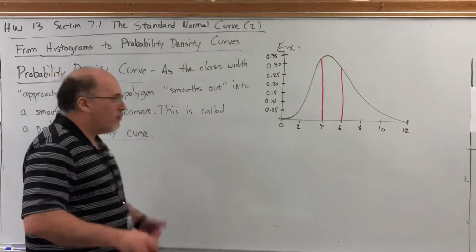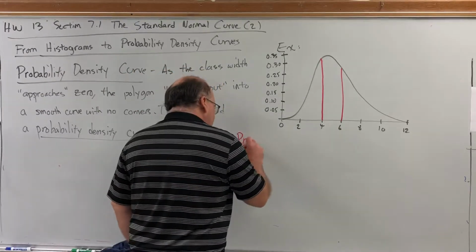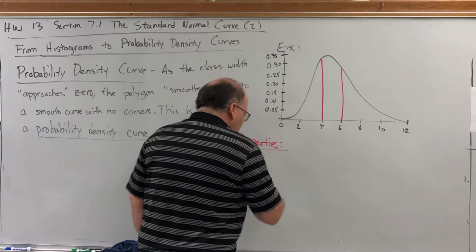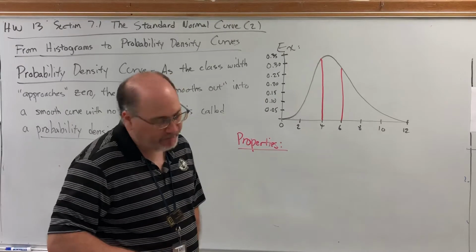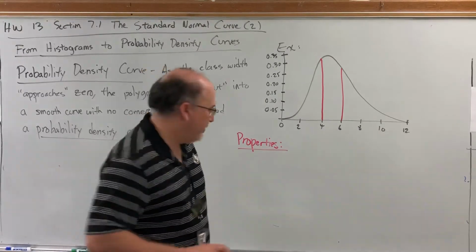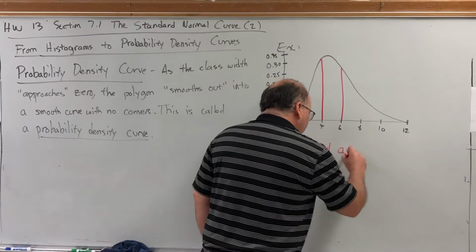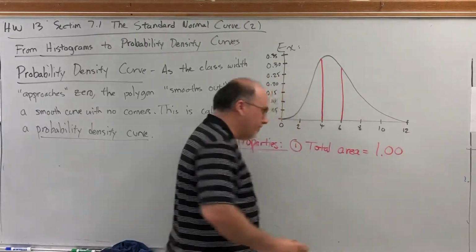Well, here's how probability density curves work. There are two properties of probability density curves. Number one, the total area underneath the curve is equal to 1. Total area is equal to 1, or 1.00 if you will.